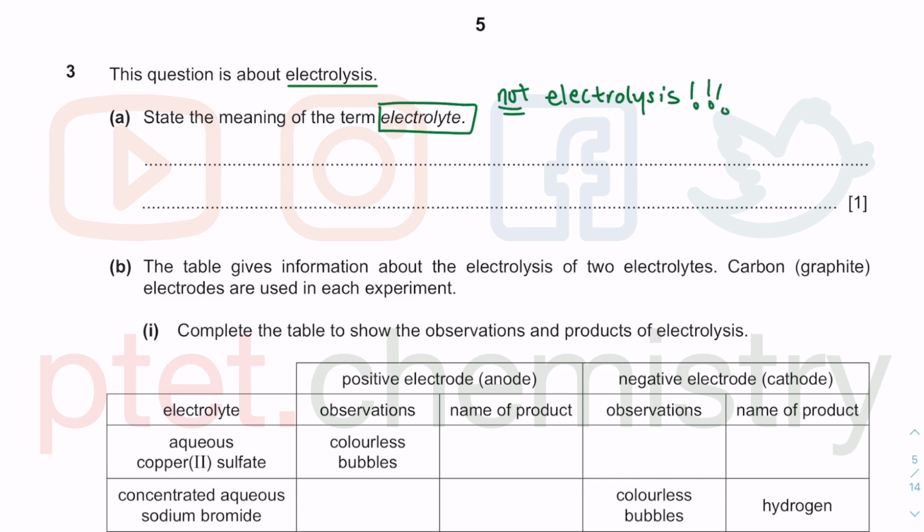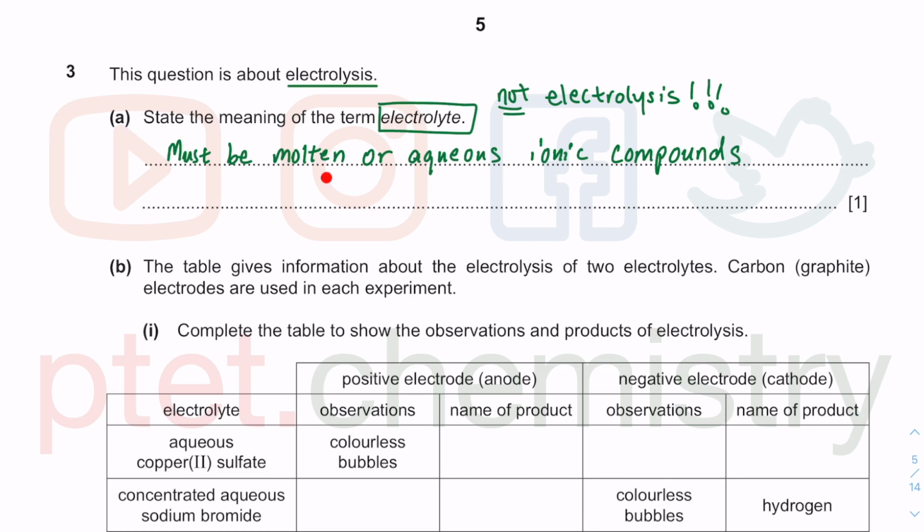This is electrolyte, so the electrolyte must be molten or aqueous ionic compounds, because we are referring to compounds that consist of ions, and that's why we can separate them into the cations and anions, and they'll be attracted to the cathode and anode respectively.